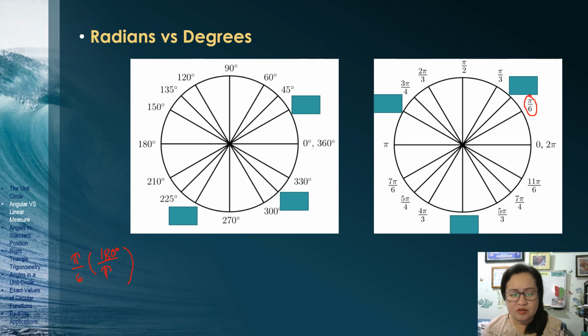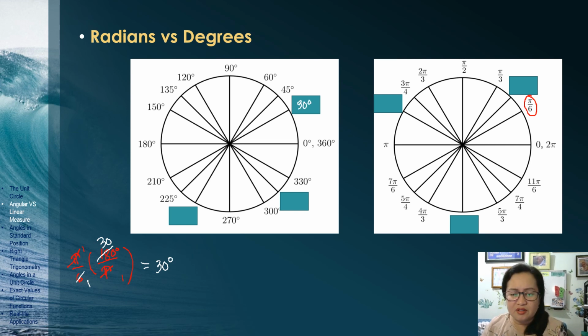So this time we can cancel this. Then we will have 1, 1. Then we divide also by 6. So 6 divided by 6 is 1. 180 divided by 6, that is 30. So therefore, pi over 6 is 30 degrees.